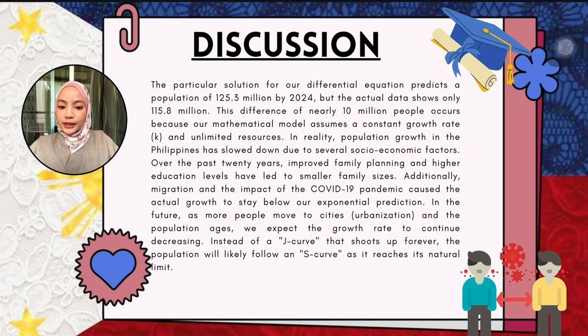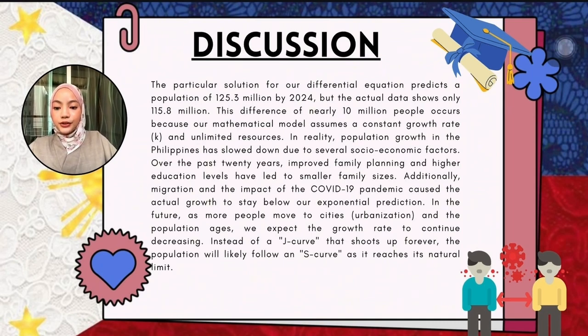Over the past 20 years, improved family planning and higher education levels have led to smaller family sizes. Additionally, migration and the impact of the COVID-19 pandemic caused the actual growth to stay below our exponential prediction. In the future, as more people move to cities and the population ages, we expect the growth rate to continue decreasing. Instead of a J curve that shoots up forever, the population will likely follow an S curve as it reaches its natural limits.